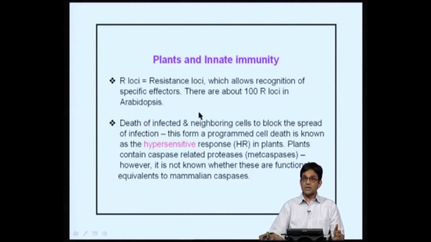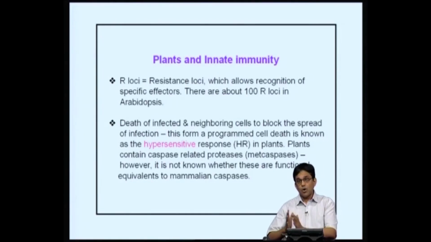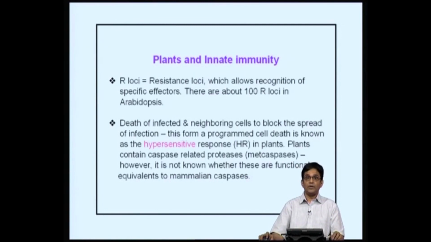Several of the R loci proteins contain LRR, the leucine rich repeat domains, which is an important mechanism. So, you can see that there is some commonality between the R factors and the LRRs.